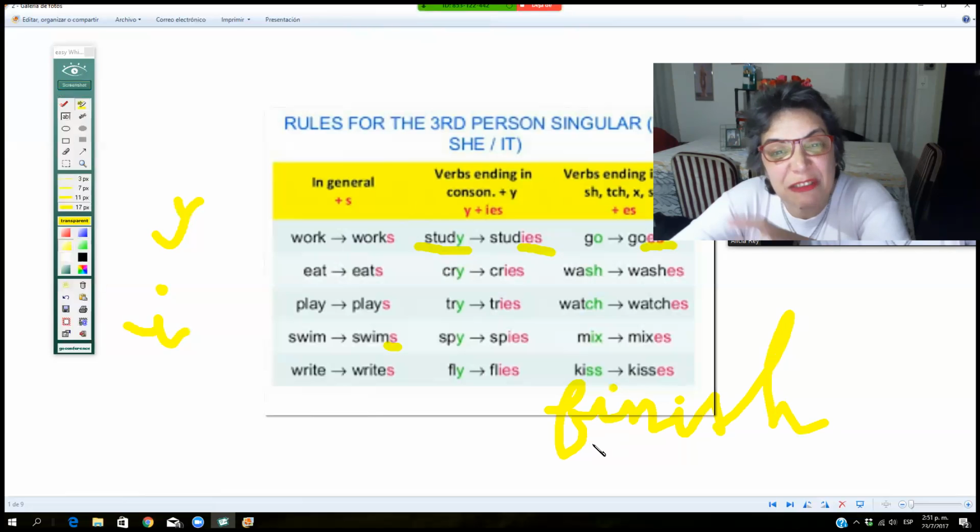Anyway, when he finishes his work at the office, he goes to the park.